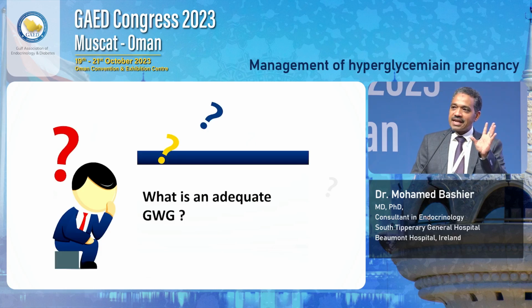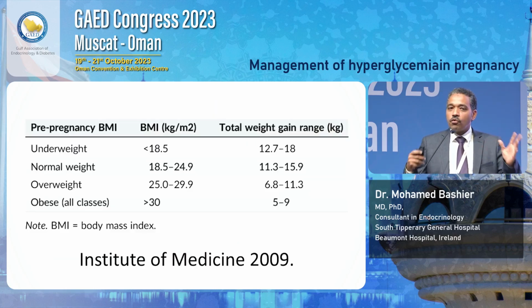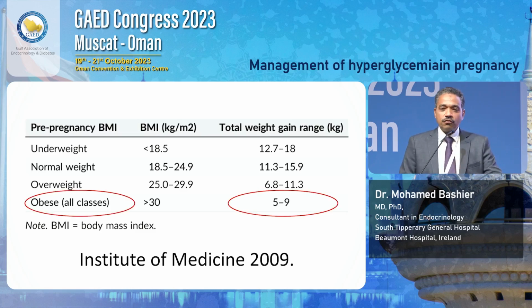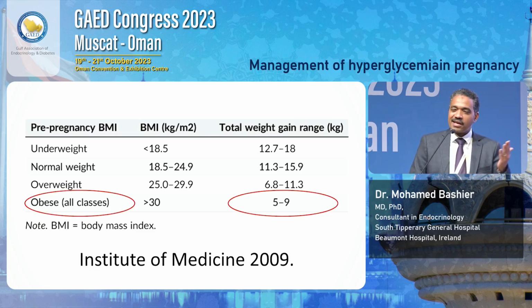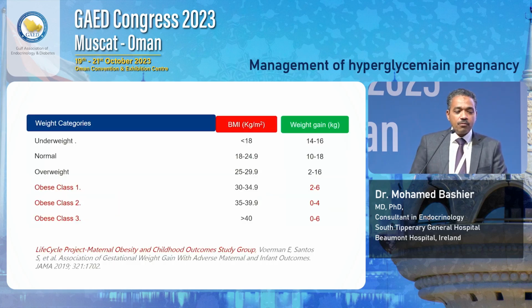But the question is, what is an adequate gestational weight gain? Everybody is kind of aware of the Institute of Medicine guidelines, which in my point of view, and a lot of people's point of view, are quite excessive. If you're looking at obesity, all classes, they can gain up to 9 kilograms. That's quite excessive. A most recent large study that linked weight gain across different weight categories and looked at complications, called the Life Cycle Project, found that, well, we were correct.